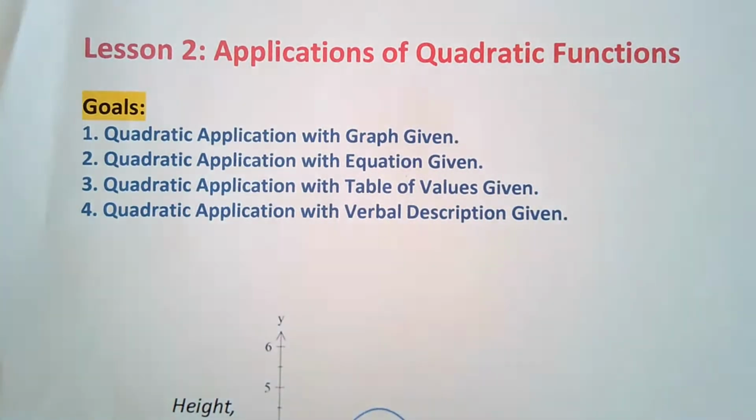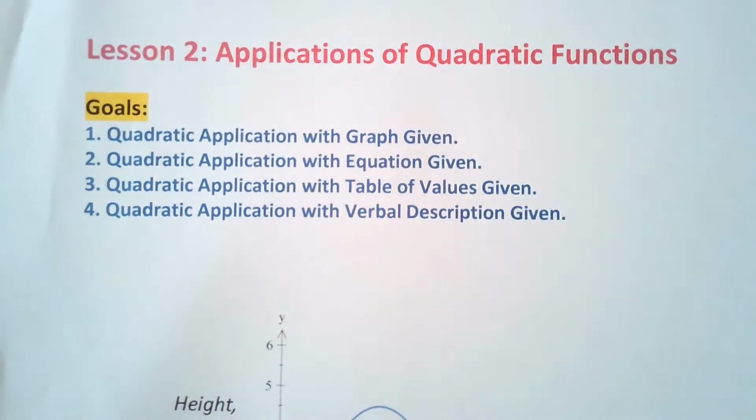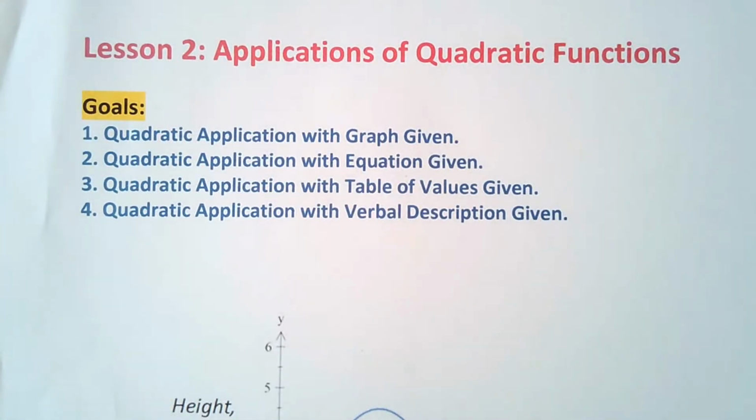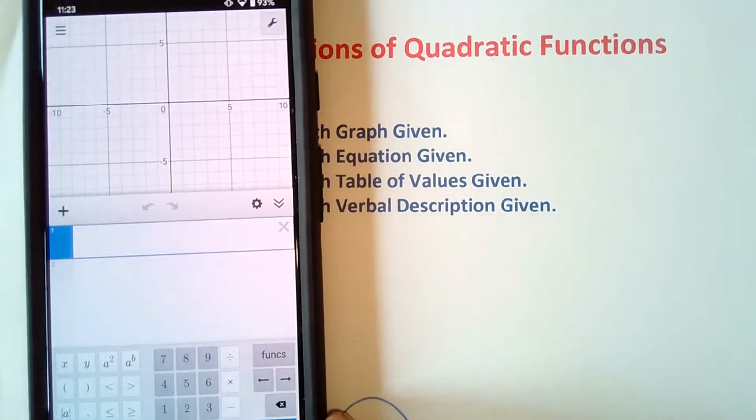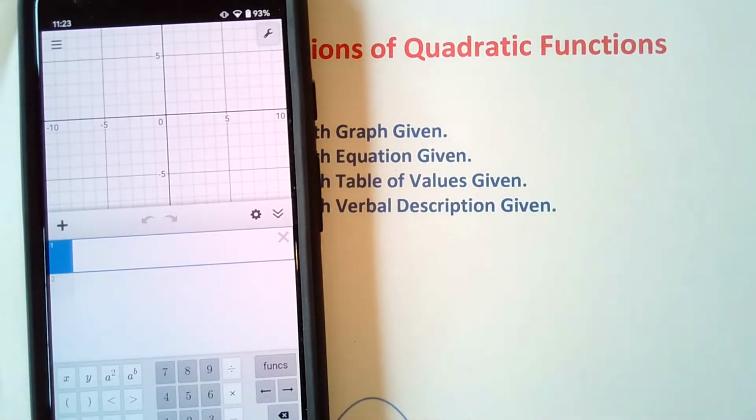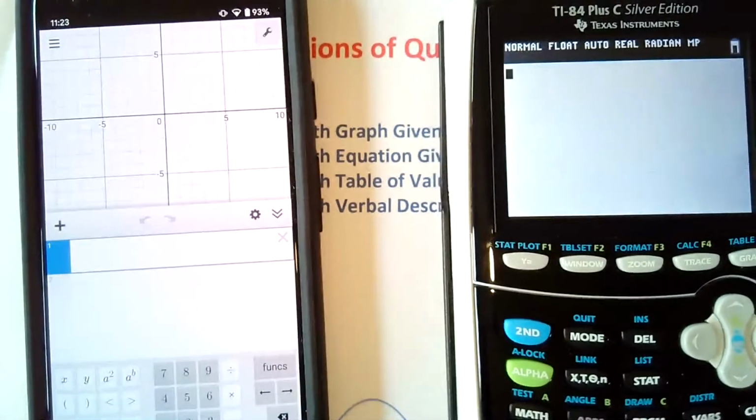So we'll be going through your booklet, and you look at examples 1, 2, and 3 today. And for this, you will need your graphing technology, such as Desmos or your graphing calculator.